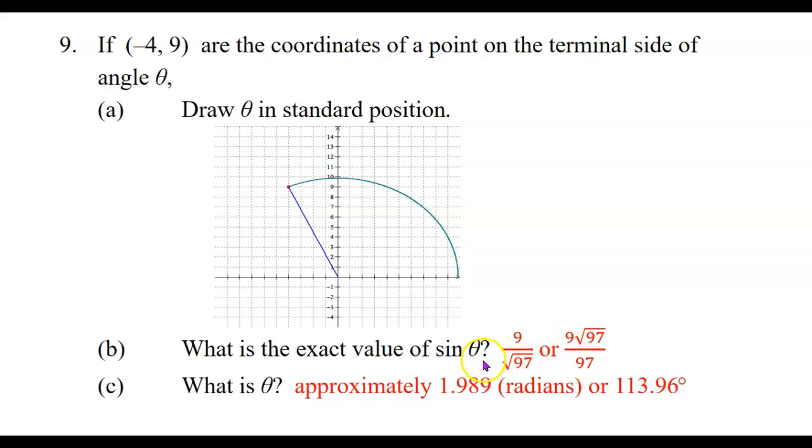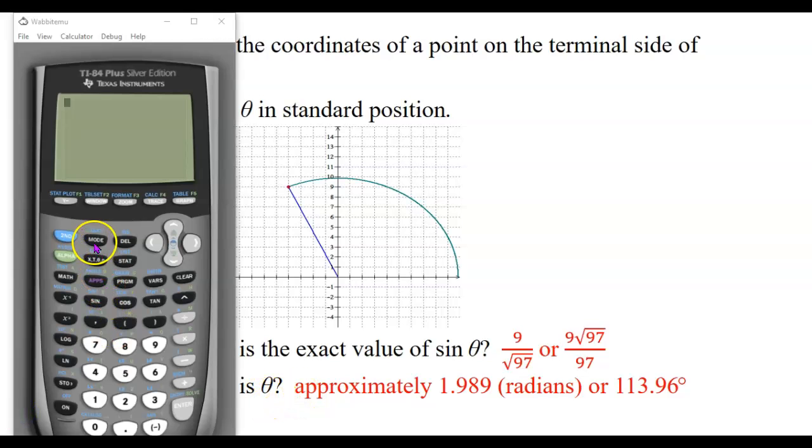So if that's the sine of theta, then theta itself would be, well, let's see. If the sine of theta is 9 over the square root of 97, you'd expect theta to be maybe the arc sine of that. So I get my calculator, and right now it's in radians mode.